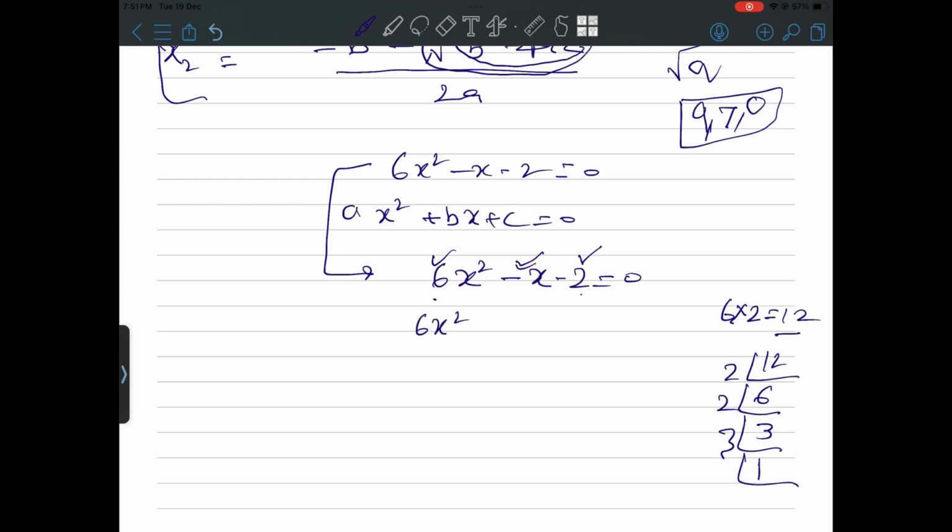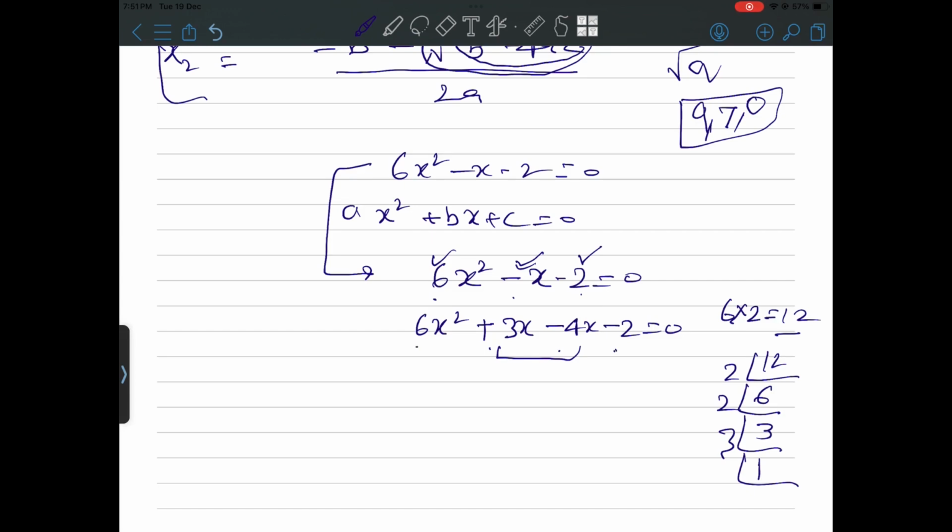So like this: 6x square plus 3x minus 4x minus 2 is equal to 0. Now you see that if you add these two terms, you get minus x, because plus 3 and minus 4 is minus 1.